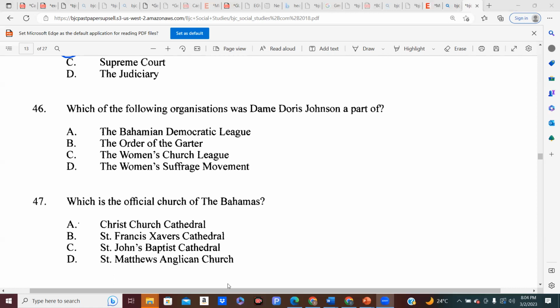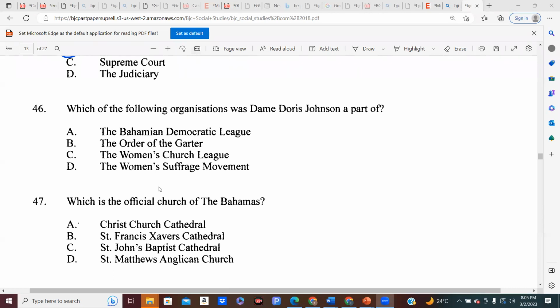All right, Aiden, what letter do you select? A, B, C, or D? D. Why did you select D? Because we talked about the women's suffrage movement. And the women's suffrage movement is about what?